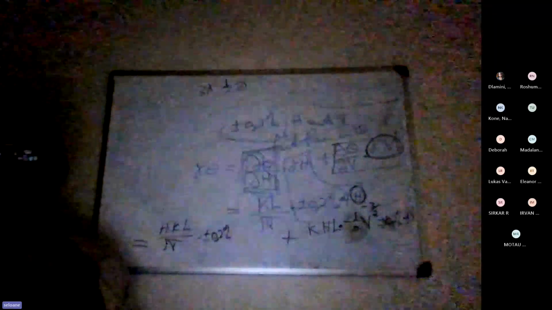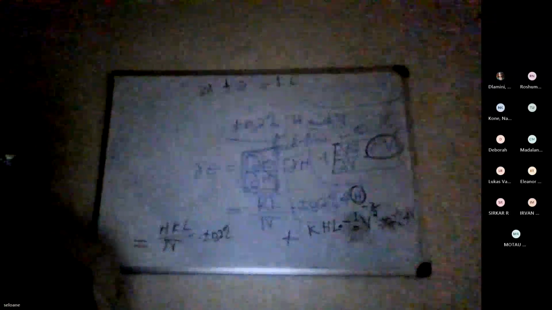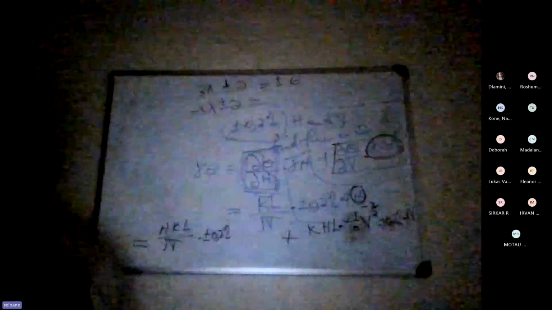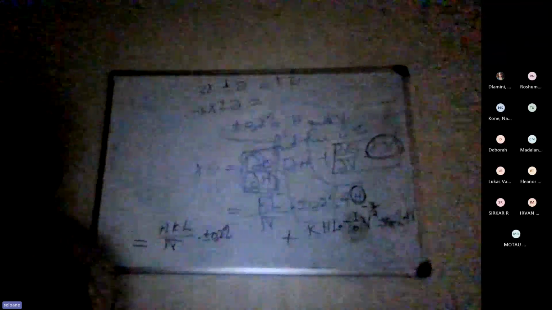What is 3 multiplied by plus or minus 2? This gives you plus or minus 6. And what is minus 3 multiplied by plus or minus 2? It gives you plus or minus 6.